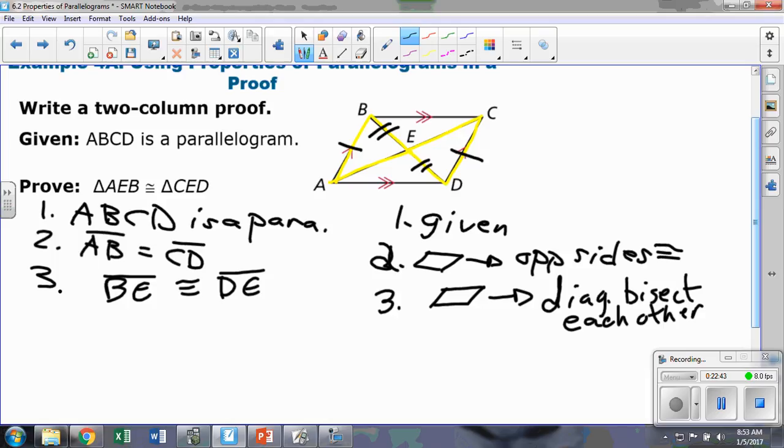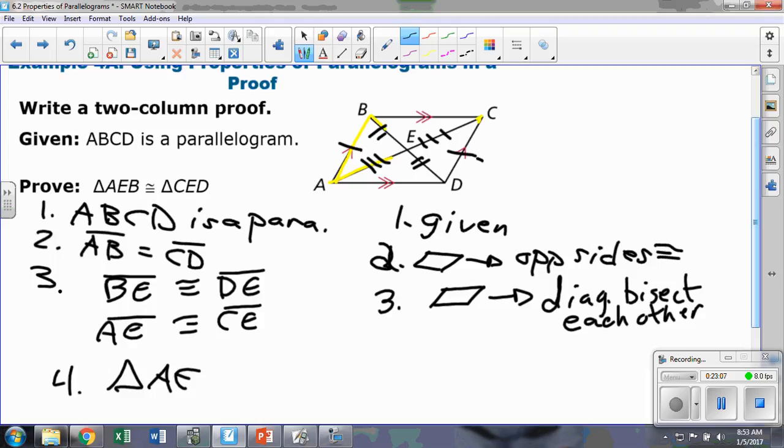And of course, we've also got the other diagonal, AE and CE. Well, of course, that then goes through and tells us that the triangles are congruent.